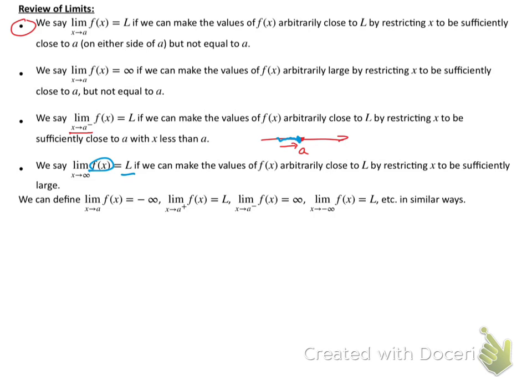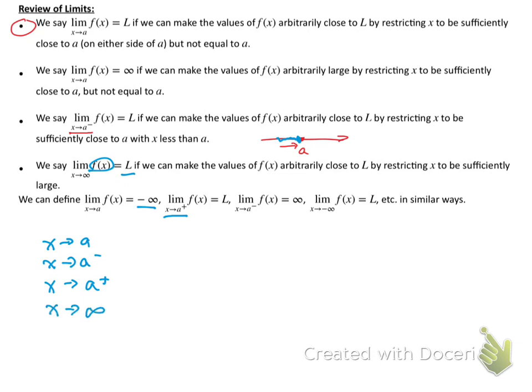Those are the definitions in a more algebraic way. I didn't really list all of them. Similarly, you can also define negative infinity as a limit. You can also define the limit from the right side, and you can also do the combination. On the x side, x can approach a, or a from the left side, a from the right side, or go to infinity.